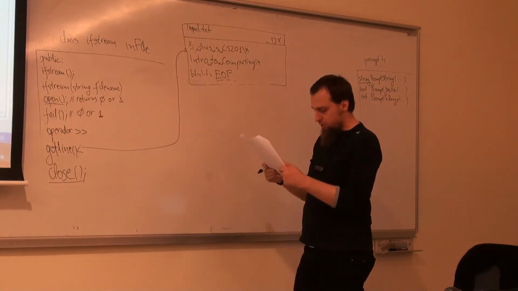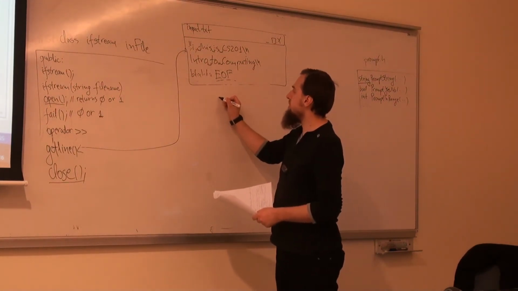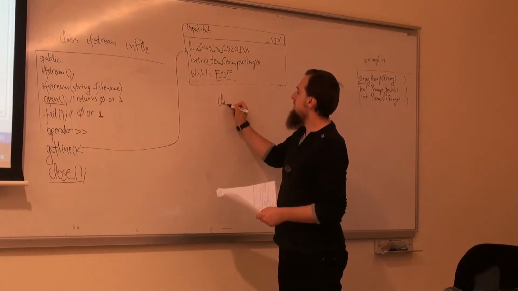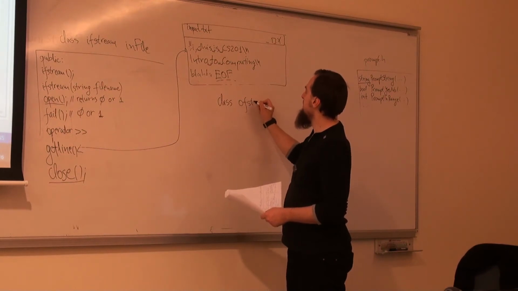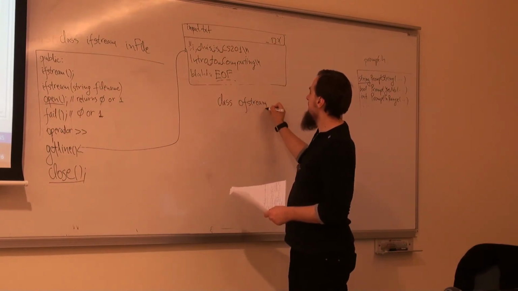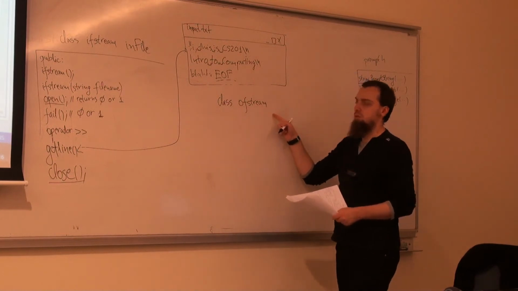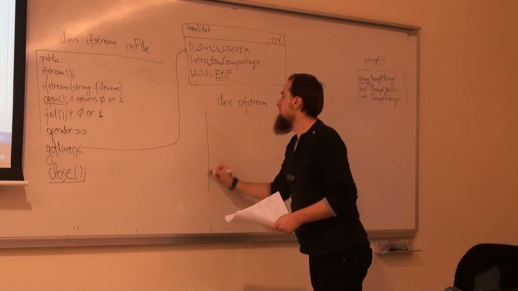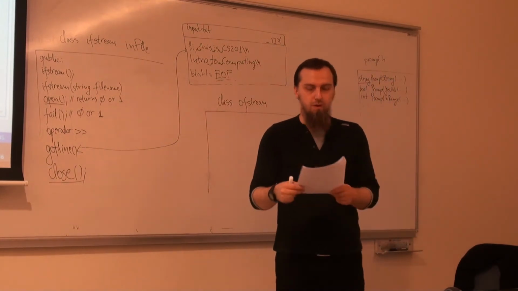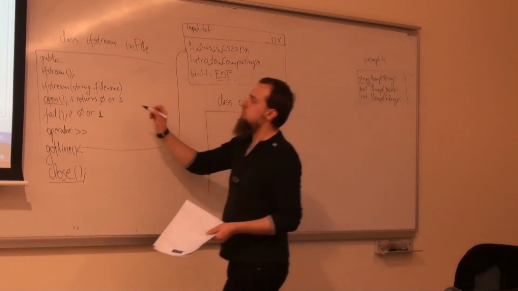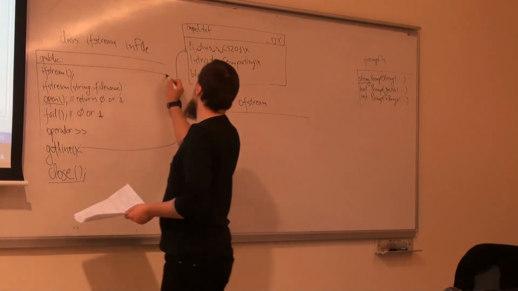Now let's see what we have in this class here, which is very similar to the ifstream class. It's called ofstream, output file stream. It has similar member functions. I'm going to explain the public ones.